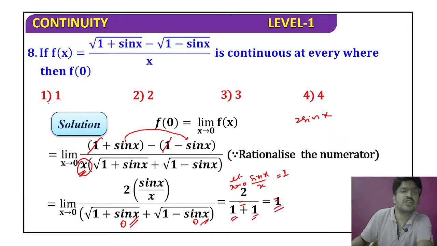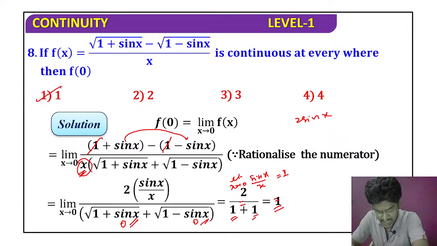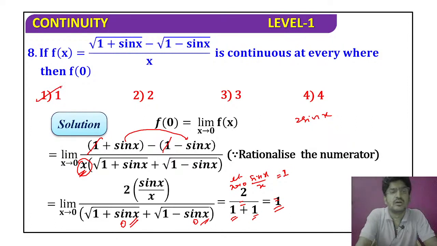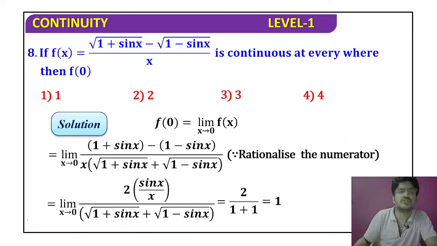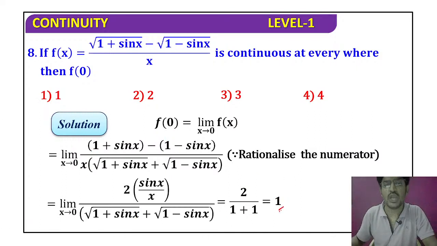Okay. So therefore option 1 is the right answer. Clear? So the problem is very simple. That's why I asked all of you to quickly solve it and give me the answer. Therefore the answer here is 1.